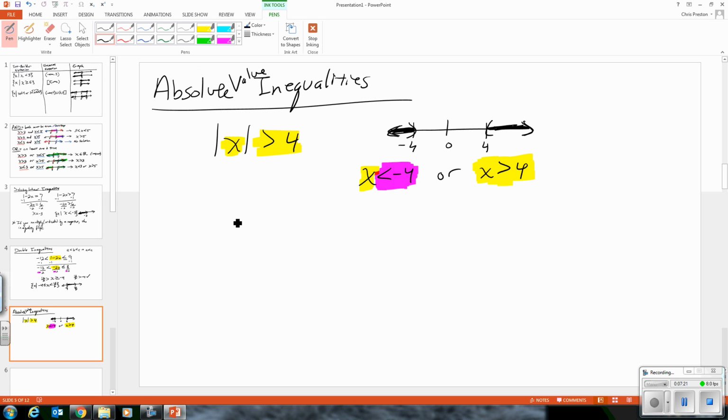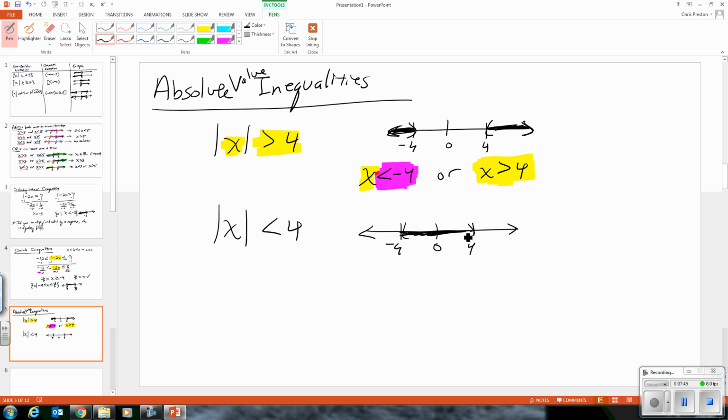Let's consider this second situation. What if I had a number and it was less than 4? How would that be different? Again, I got 0, I got negative 4, I got positive 4. I want to be fewer spaces away than 4. So what that means is I want to be in this area right here.